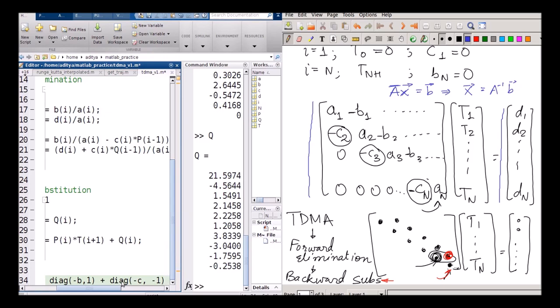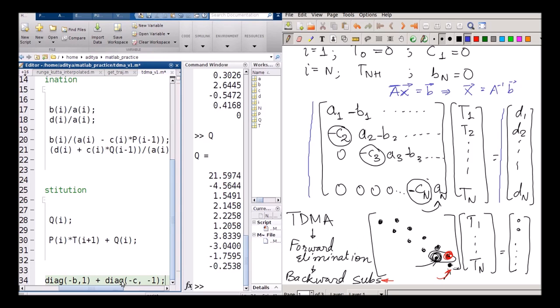So if I add these three diagonals, I should end up with the matrix A.